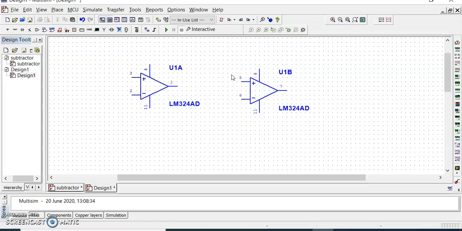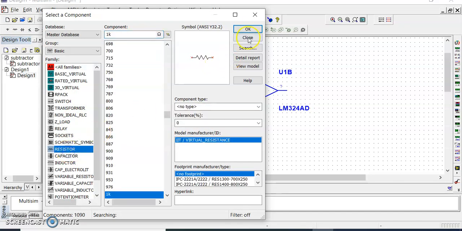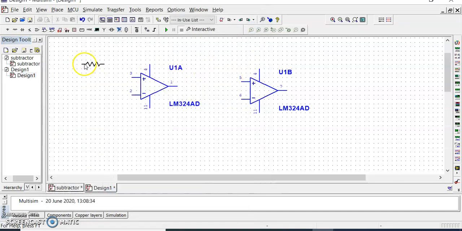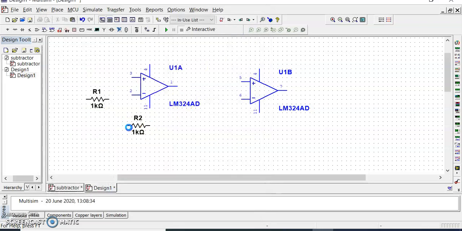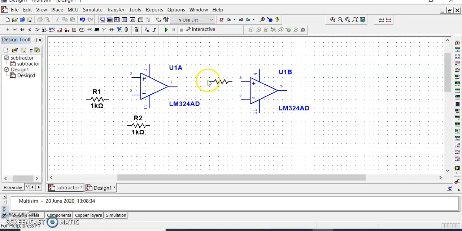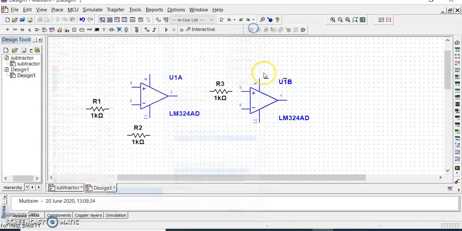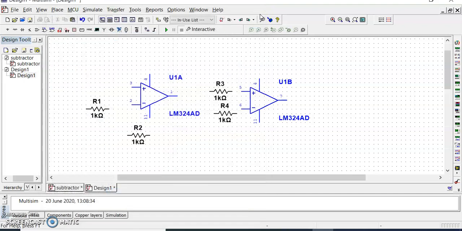Okay, now drag the required components, resistors, after that change the resistance value. Capacitors and inductors are not required here, sorry.